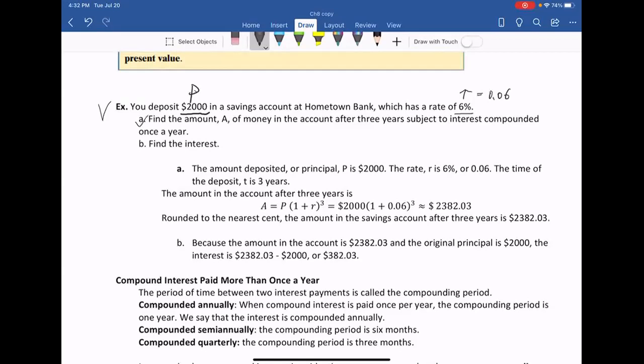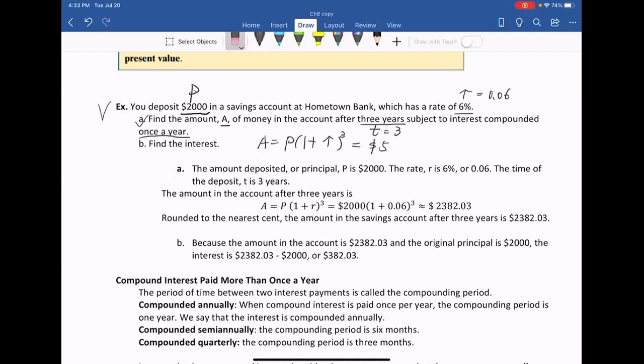First question, find the amount A, the future value, of the money in the account after 3 years. T is 3. Subject to interest compounded once a year.